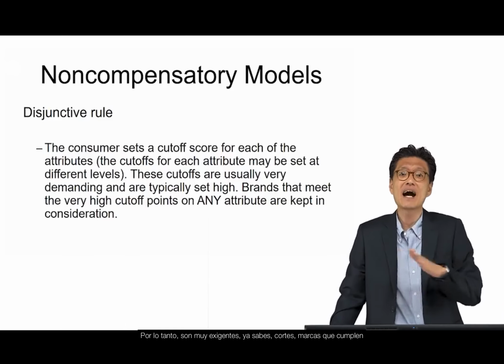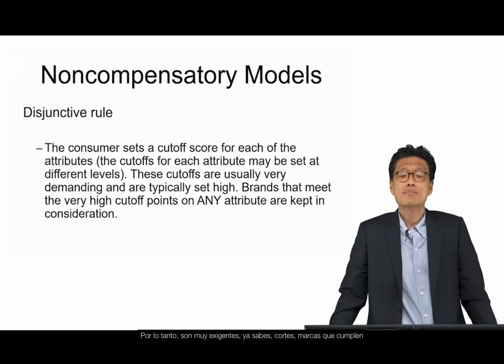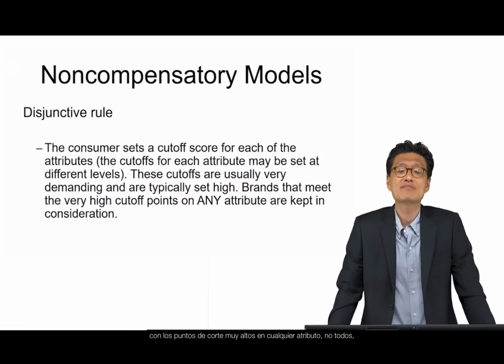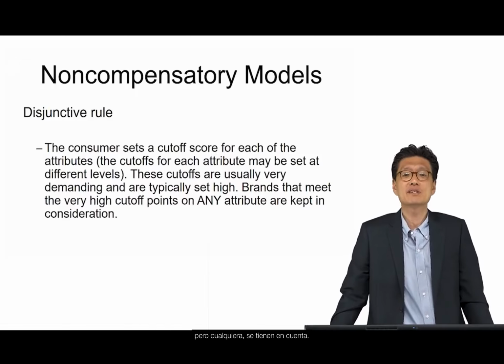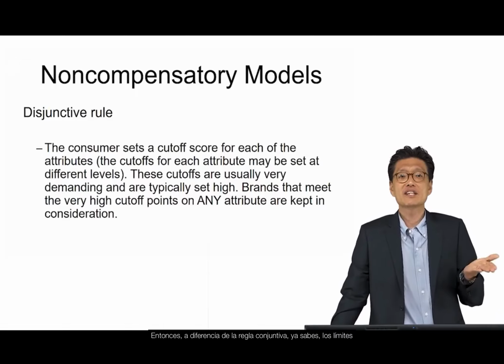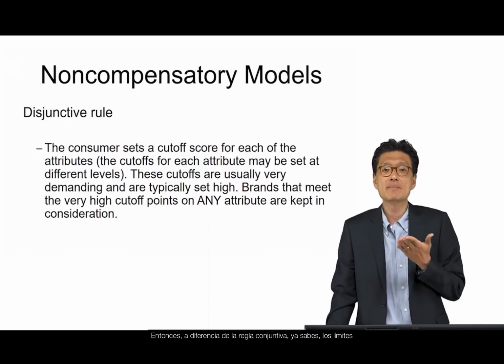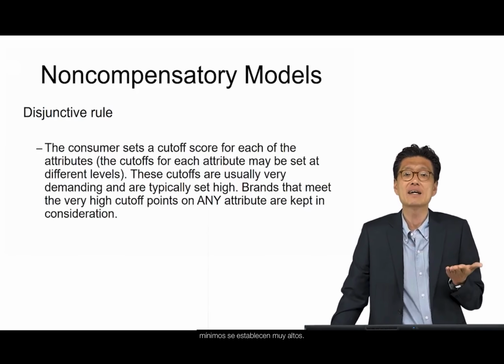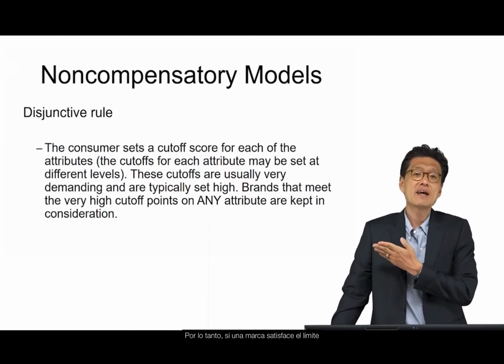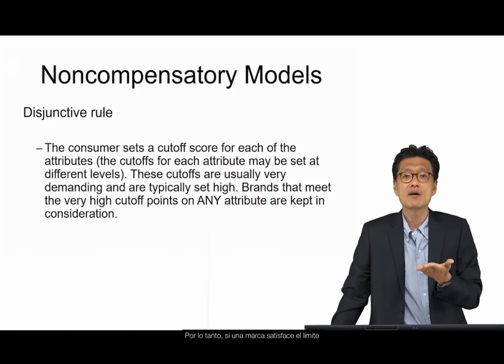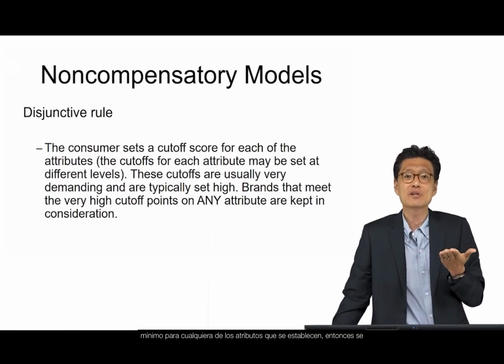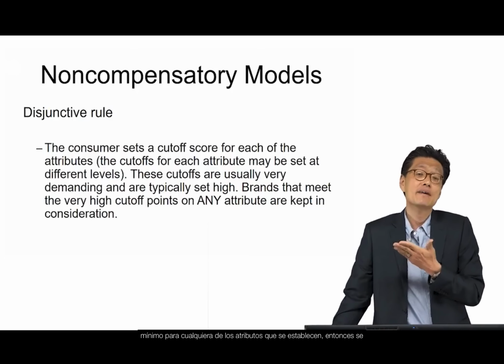Brands that meet the very high cutoff points on any attribute, not all, but any, are kept in consideration. So unlike the conjunctive rule, the minimum cutoffs are set very high. Therefore, if a brand satisfies the minimum cutoff for any of the attributes that are set, then that brand would be chosen.